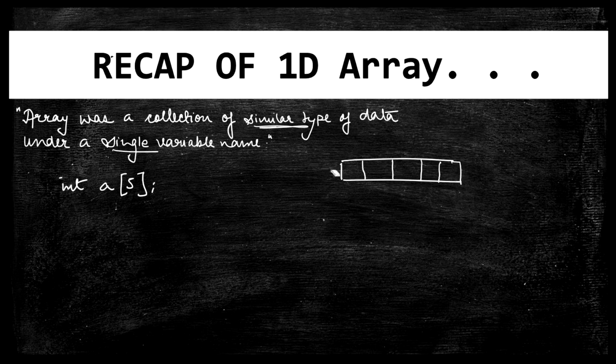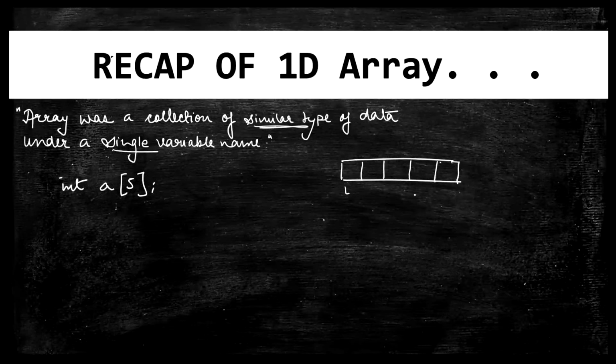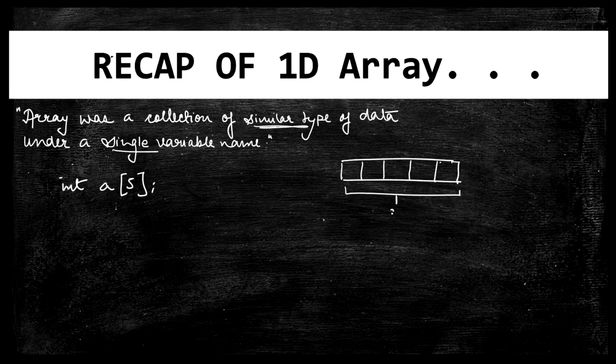Okay, so this was a space that was being created in the memory after the compiler read this line. Okay, so this is the array which has the name a and size 5, and this was the index, that is 0, 1, 2, 3, 4. Right, if the array is of size 5, then the index will run up to size minus 1, that is from 0 to 4 in this case.